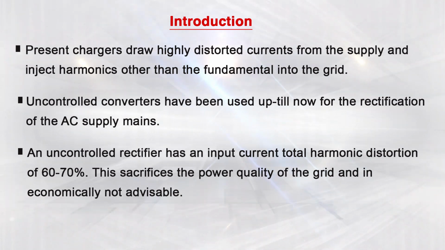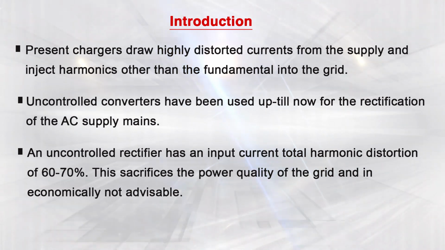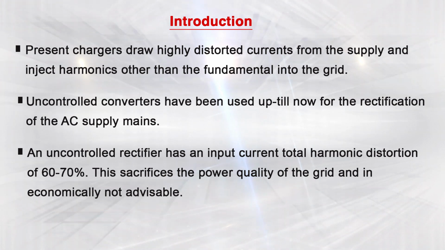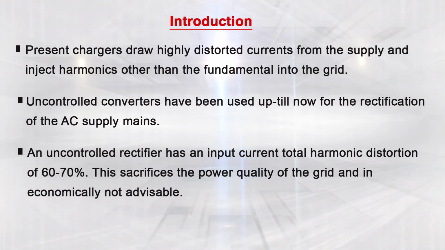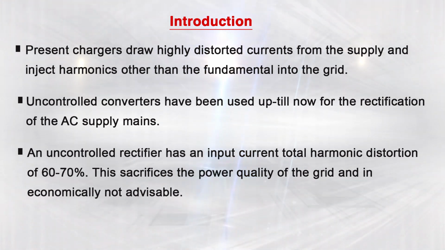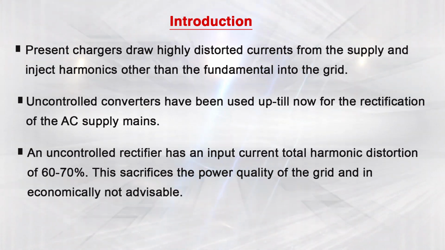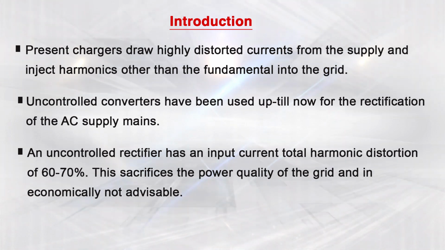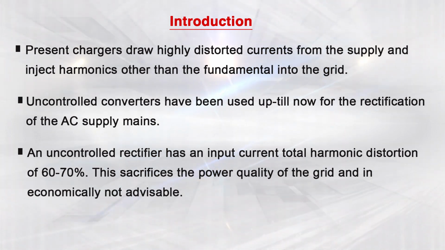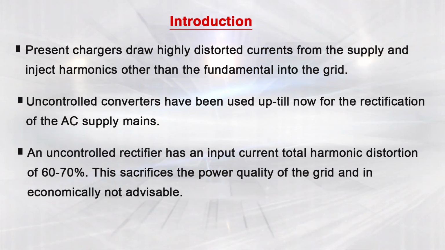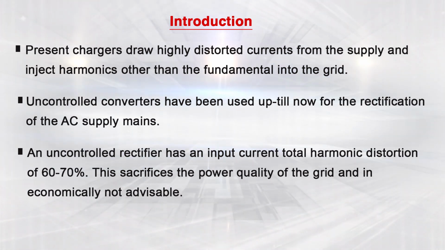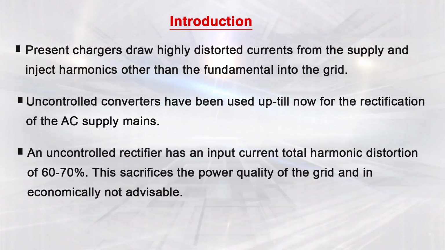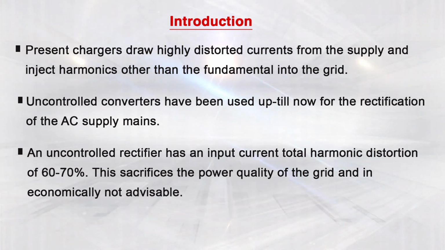Therefore, it is mandatory to do the power factor correction along with this type of topology. One aspect is that we are converting AC power into DC, but this power factor correction unit is also important whenever we convert the AC supply into DC.